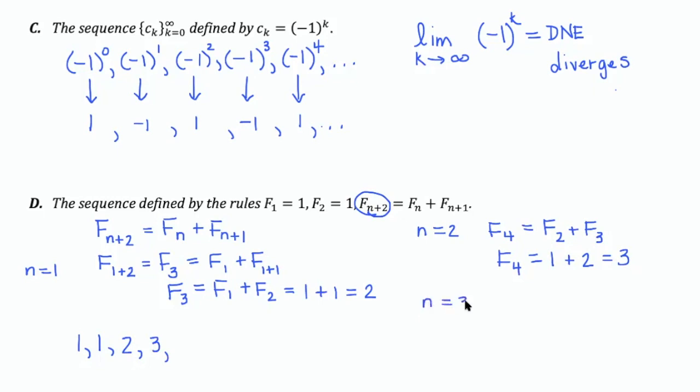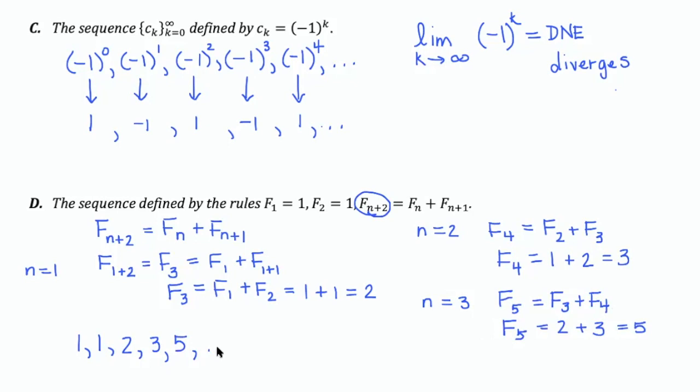If I now let n take on the value of 3, 3 plus 2 means I'm calculating f sub 5, which will be f sub 3 plus f sub 3 plus 1, or 4. So I add the previous two terms. I add 2 and 3, and I get 5. So if you haven't guessed already, this is the Fibonacci sequence, which is why we're using a capital F here.